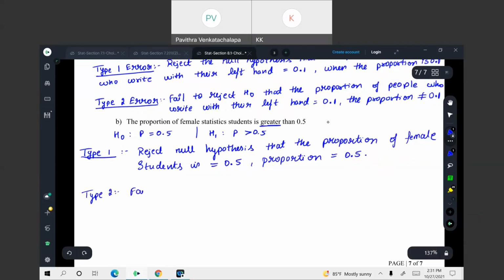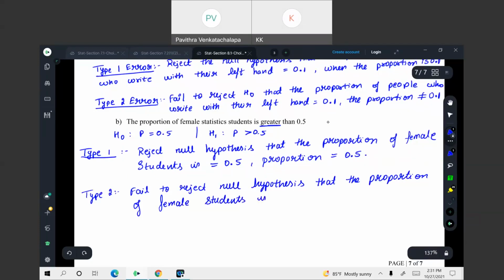Type 2 will be fail to reject the null hypothesis that the proportion of female students is equal to 0.5, but the proportion is actually greater than 0.5.